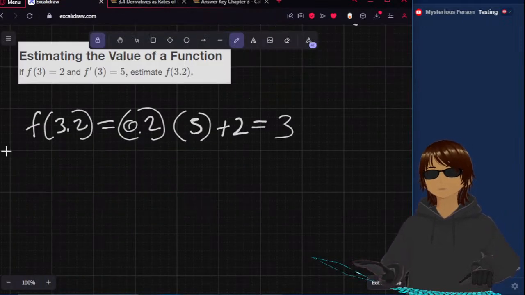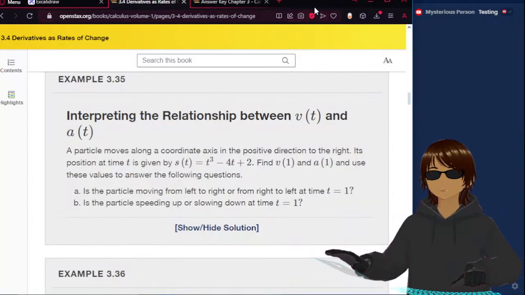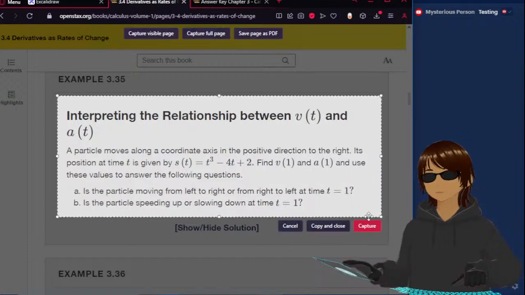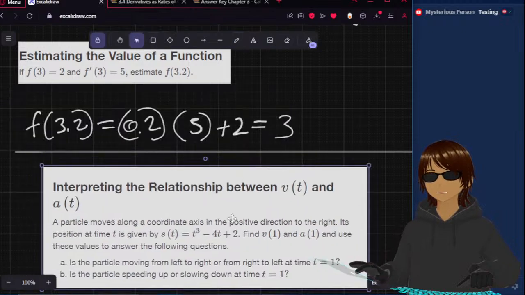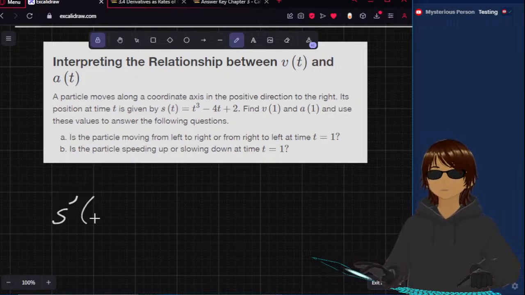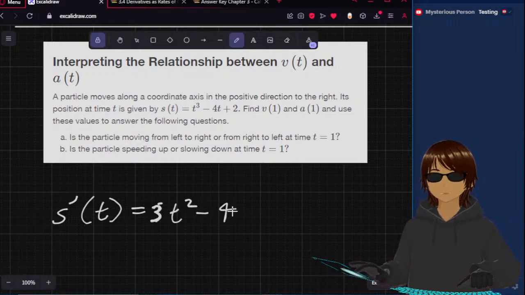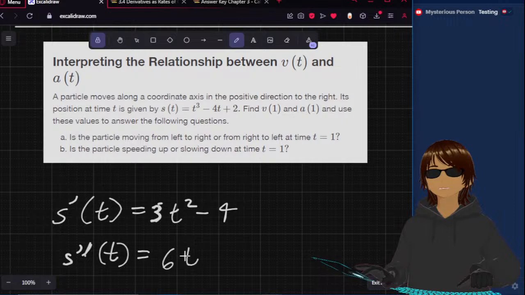So, oops. Okay. So, the derivative of this would be 3t squared minus 4, and the double derivative would be 6t.